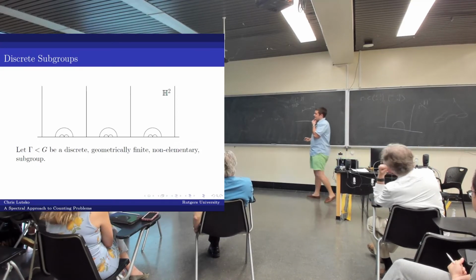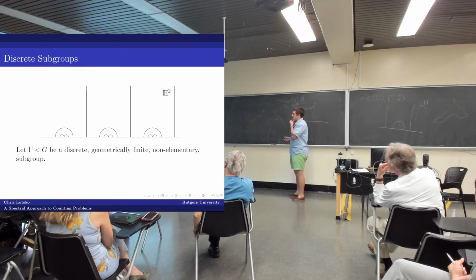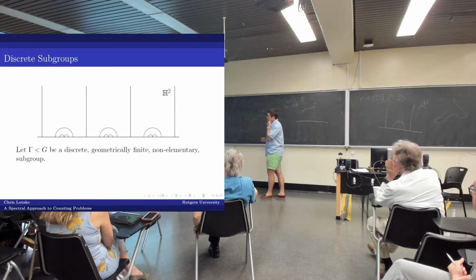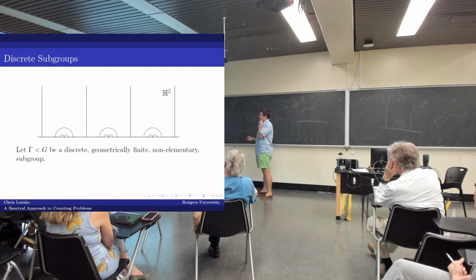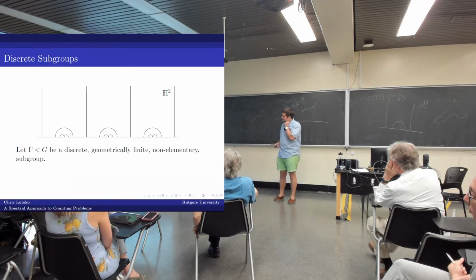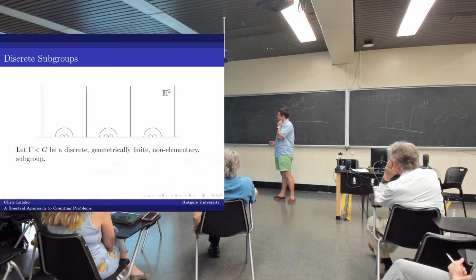If you don't know what geometrically finite and non-elementary mean, it's enough to think about finitely generated groups. Geometrically finite means not too big, and non-elementary means not too small. So if I take this quotient, I get a nice manifold. Some manifolds are compact.